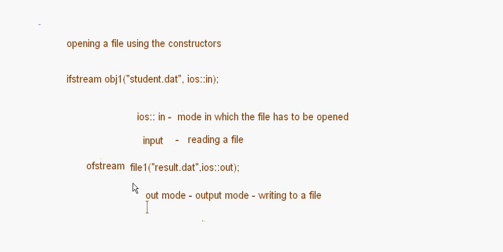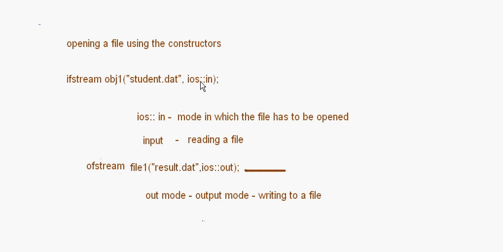So this particular statement calls the constructor of the ofstream class, and it passes into the constructor these two parameters, that is the name of the file and the mode in which the file is to be opened, and then the file is opened for us, right? So this is a very simple way of opening a file.